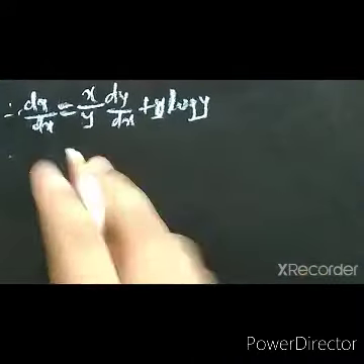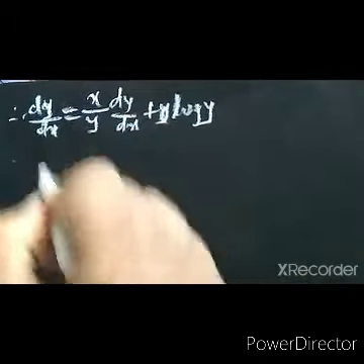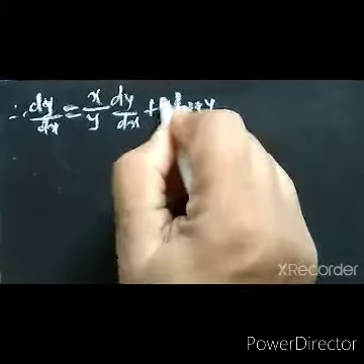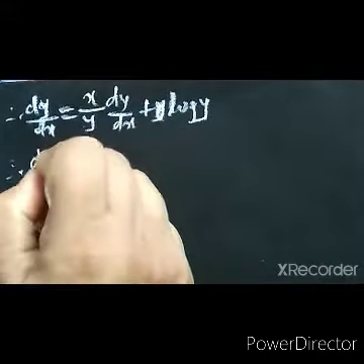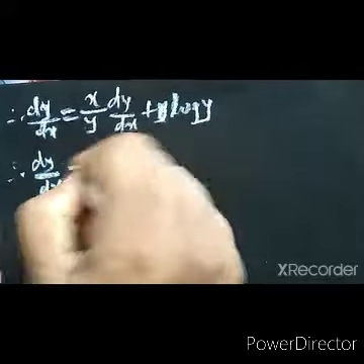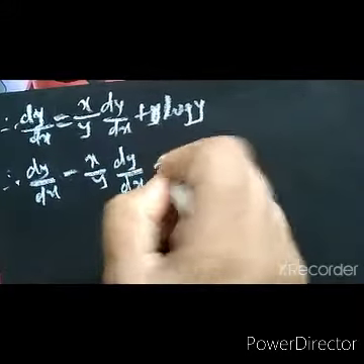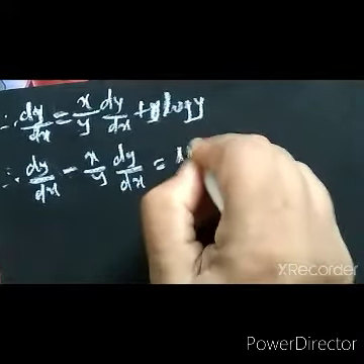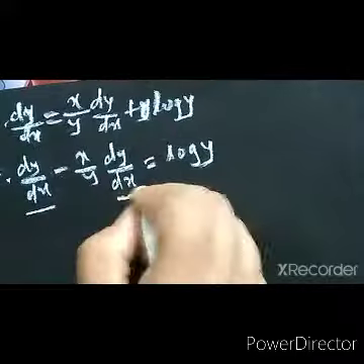Here dy by dx is equal to x upon y dy by dx plus log y. Therefore we can take dy by dx as common. dy by dx minus x upon y dy by dx is equal to log y. dy by dx is a common term.